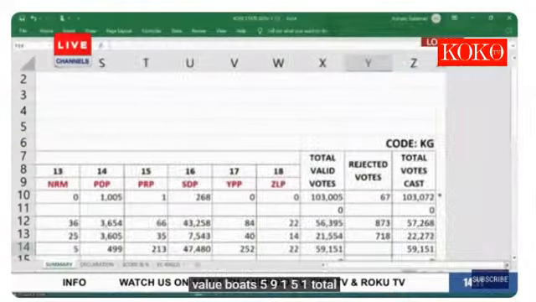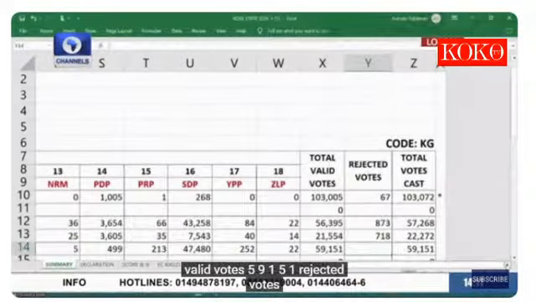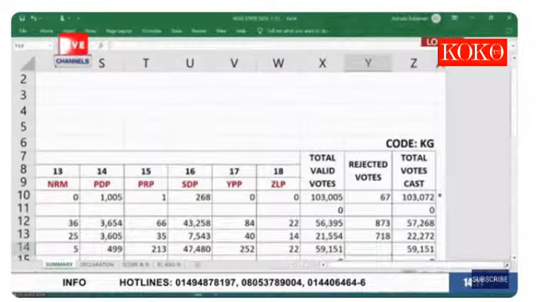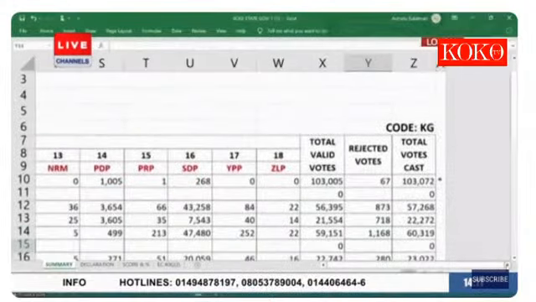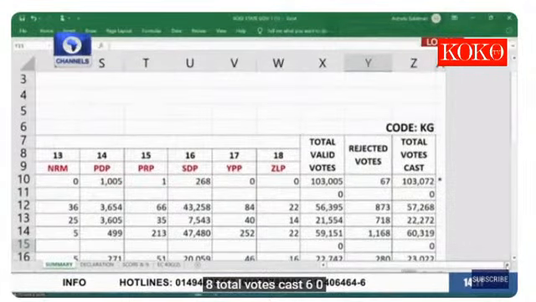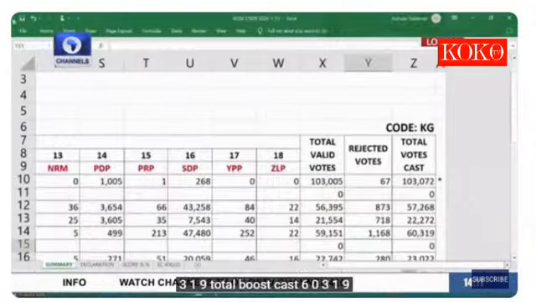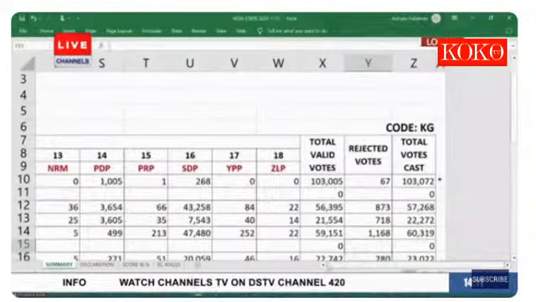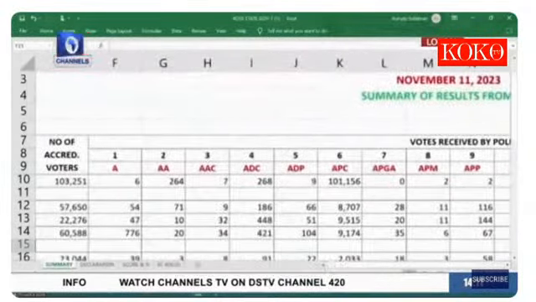Total valid votes, 59,151. Rejected votes, 1,168. Total votes cast, 60,319. Thank you. Any cancellations? Well, yes.